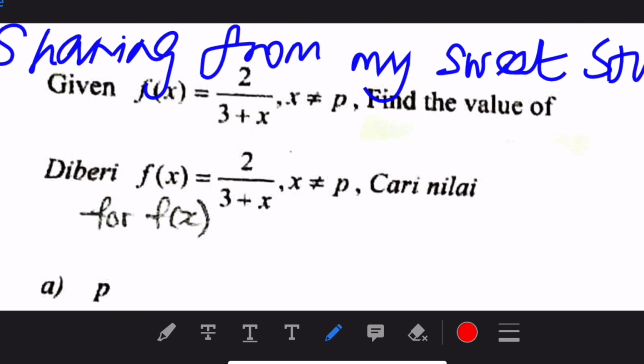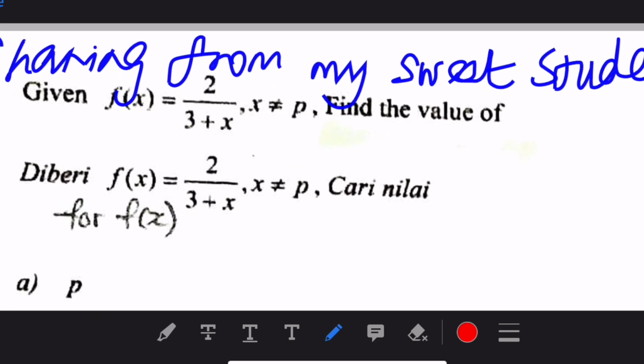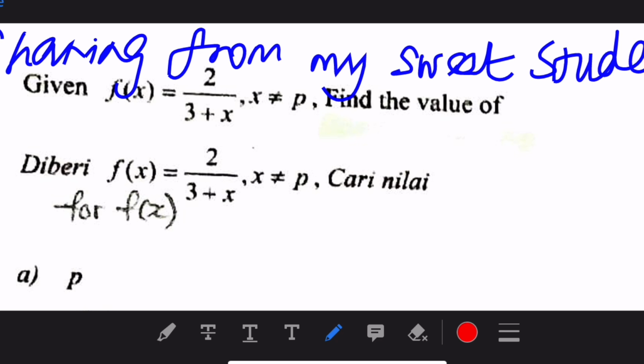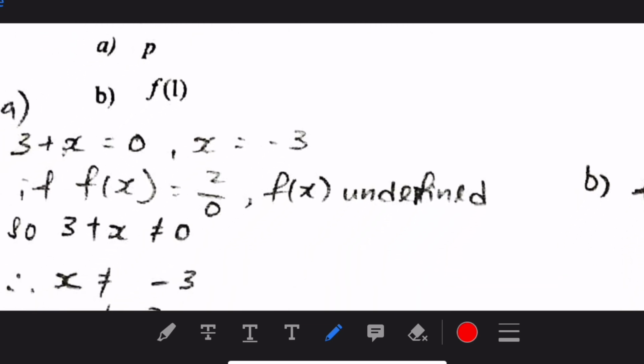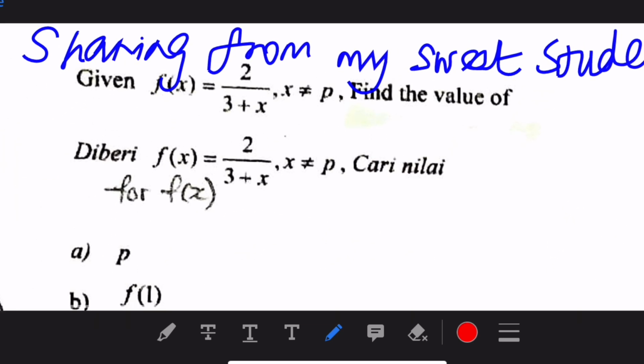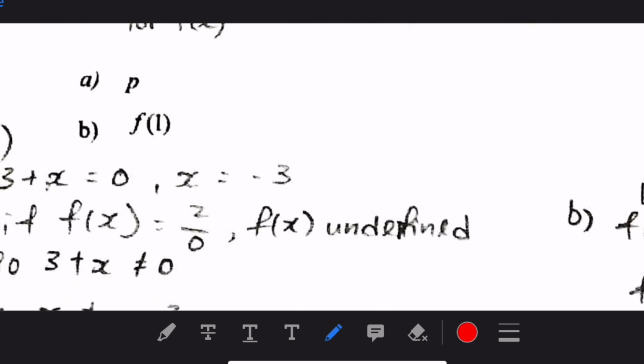So I think she followed my video teaching well, so she can solve the question, and she wrote all the working in order. So she let 3 plus x equal to 0, right? And then she solved x is negative 3, which is the correct answer.